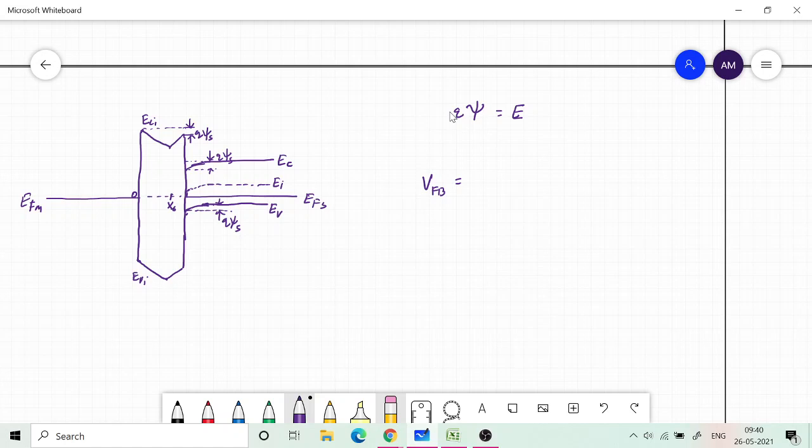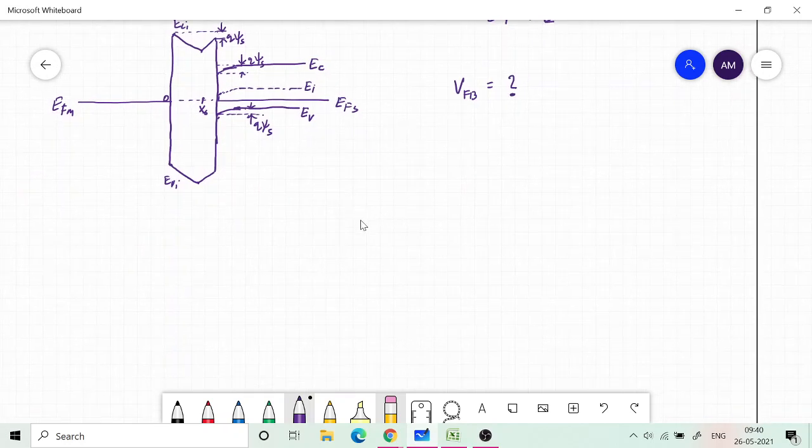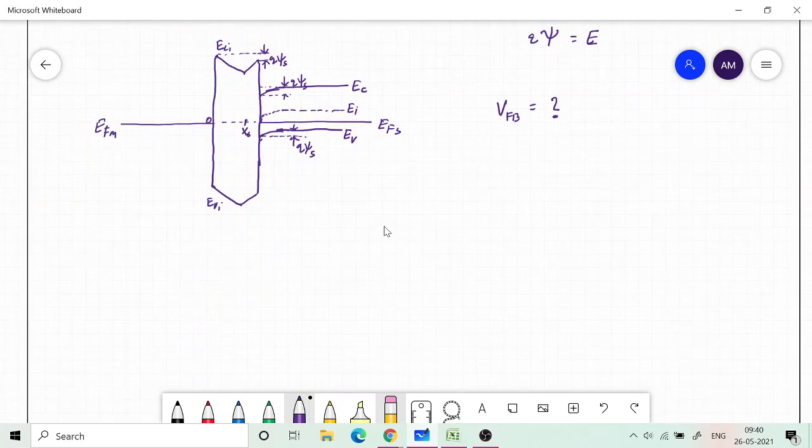Okay, so how much is that? We need to find that out. First of all, tell me whether we need to apply positive voltage or negative voltage. Anybody? In the present scenario, should we apply positive or negative voltage in order to straighten the band?